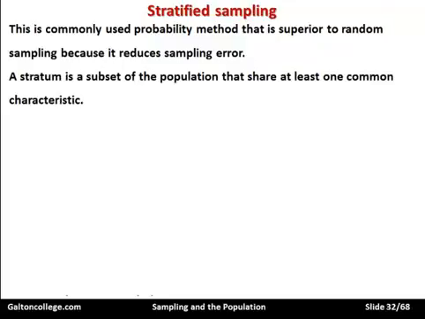If we had stratified sampling amongst the general population of people, then we might want to make sure that males and females are included. If it's random sampling, it could be coincidental that just all females were selected or all males were selected, and therefore the results could lead to considerable bias or error in the sampling procedure.